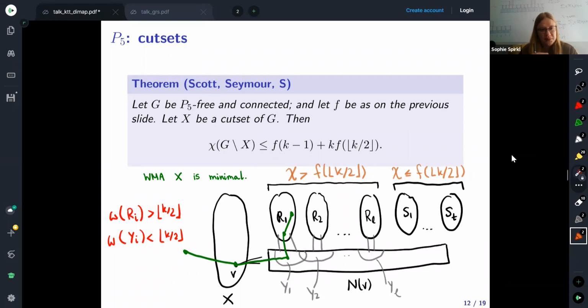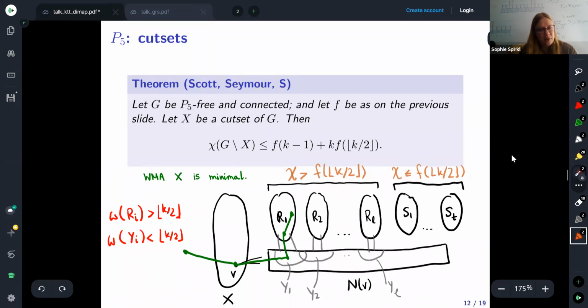And so after deleting the neighbors of V from that component, it might just be that the neighbors of V are everything, but then that component has clique number at most k-1 because V is adjacent to everyone, so we're happy.